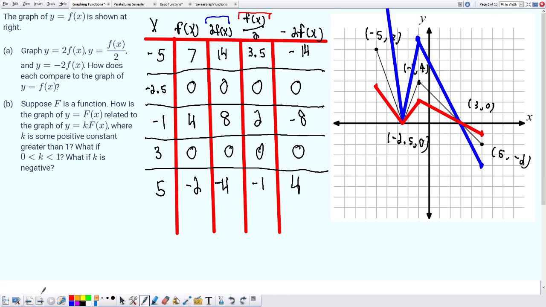So negative 2 times f of x. So that's 5 and positive 4. So 5 and 1, 2, 3, 4 over here. Still have that 3, 0, negative 1, and negative 8. So negative 1, and then we have down 8 spots. Then negative 2.5 and 0, and then we have negative 5 and negative 14.